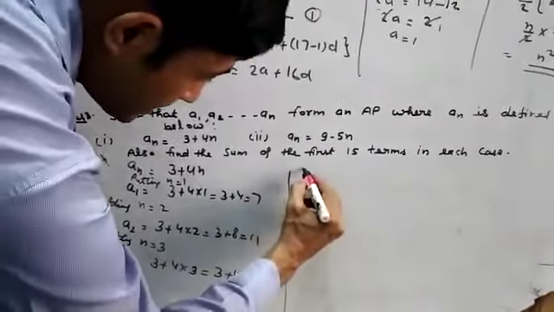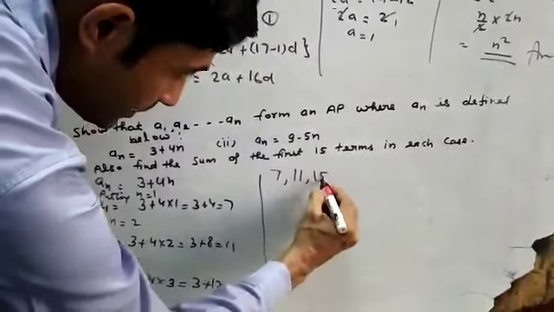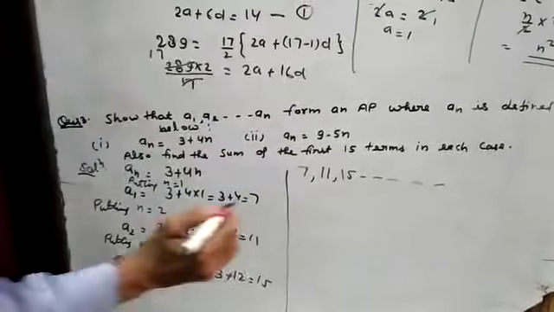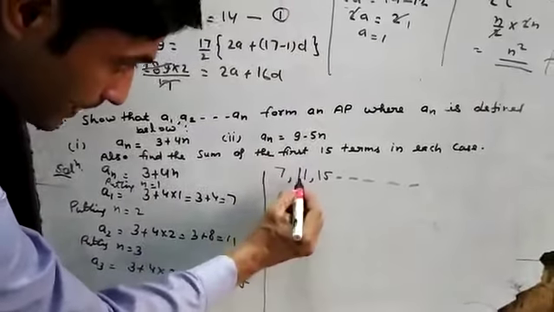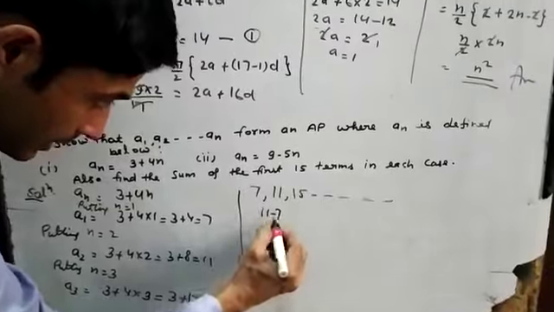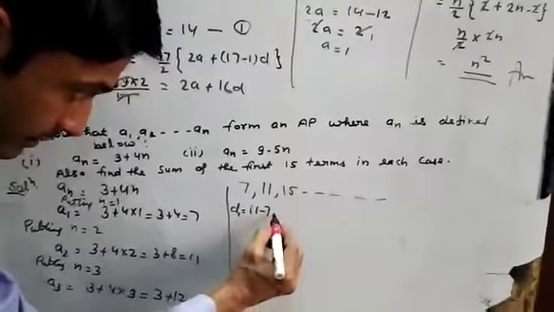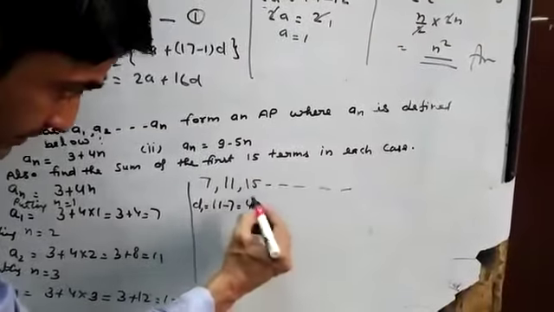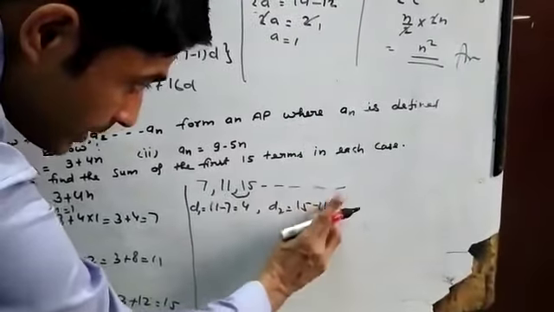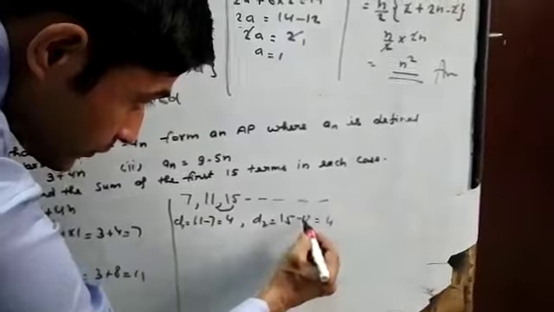Now 7, 11, 15, dot dot. Now firstly you have to look whether this sequence is an AP or not. So subtract: 11 minus 7 is 4, we write as D1. Same as D2, 15 minus 11 is 4.